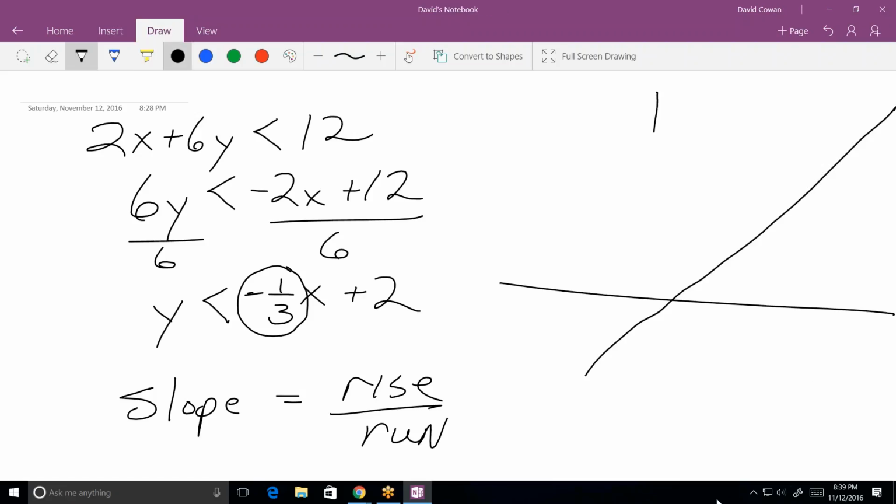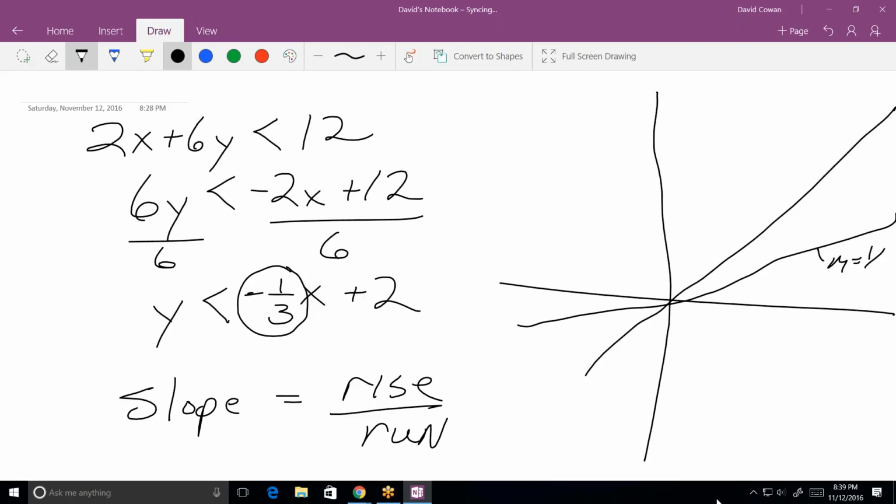We know that steeper slopes are bigger numbers, but that is a slope of 1/2. So flatter slopes are slopes that are closer to horizontal. And when you finally reach a horizontal slope, that's equal to 0.